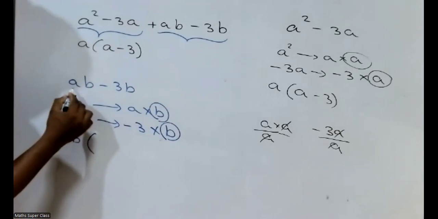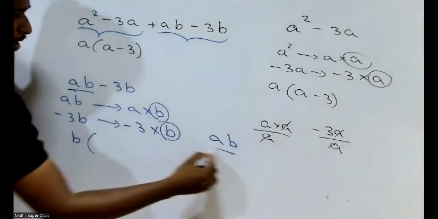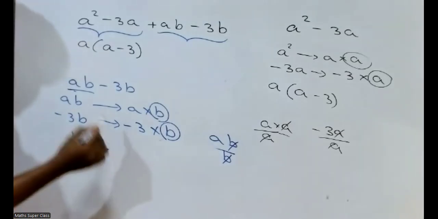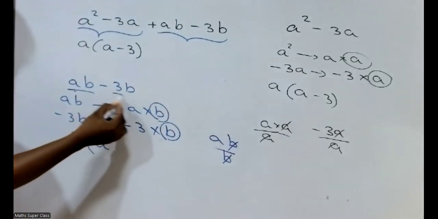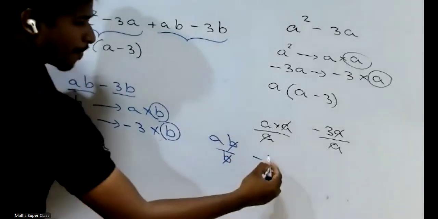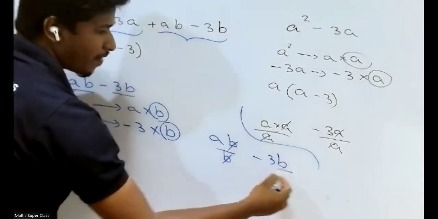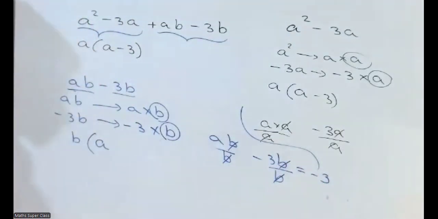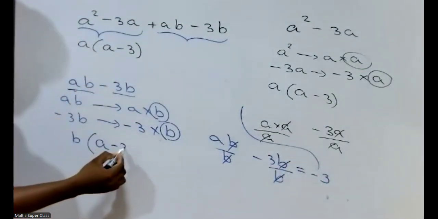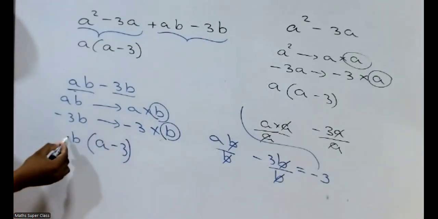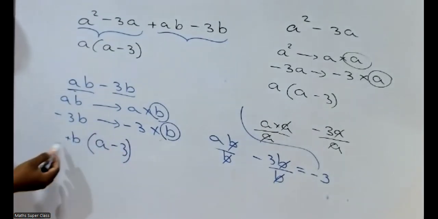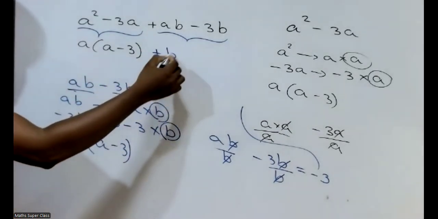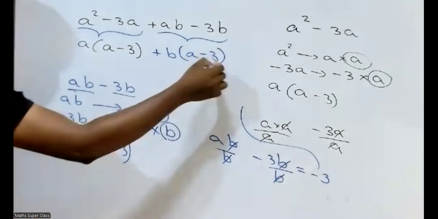This ab divided by b, then we get a. Minus 3b divided by b is minus 3 only. Here, this is plus, okay? This is plus. Then we can plug this one in here: plus b into a minus 3.